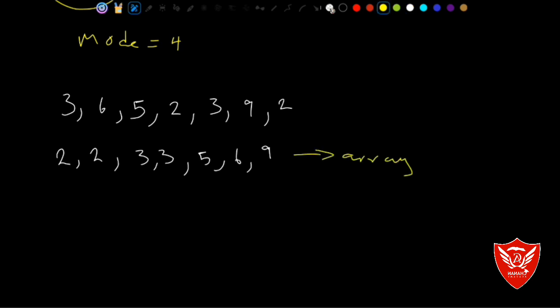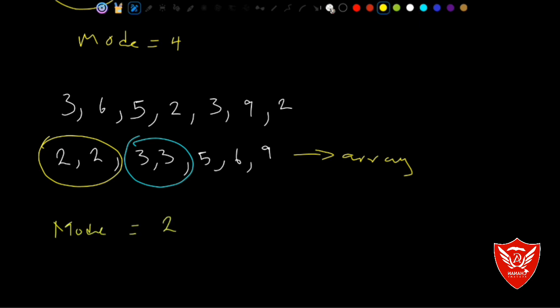After arranging in an array, you realize that 2 occurs twice and also 3 occurs twice. In this case, our mode is equal to 2 and 3. And this type of data is called a bimodal data.